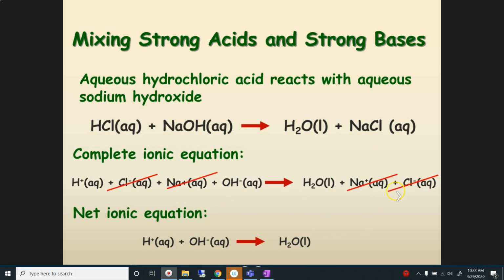So everything cancels out, and what remains in the total ionic equation becomes the net ionic equation. Okay, so strong acids and strong bases, by definition, completely dissociate into ions, so you can see them in their ionized form when you write it in water. Now, I'll give you an example shortly wherein you have a weak acid instead, and take a look at the ionic equation.